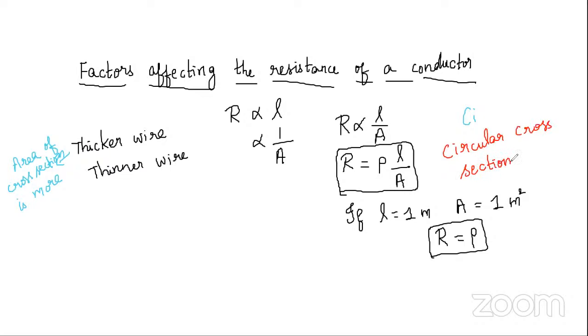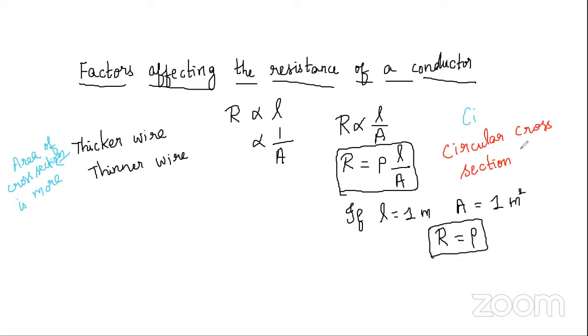So circular cross section means, what is the formula for calculating the area of a particular wire?